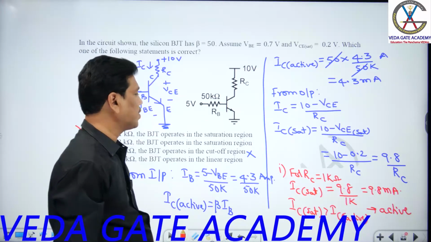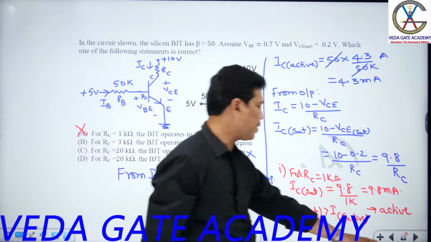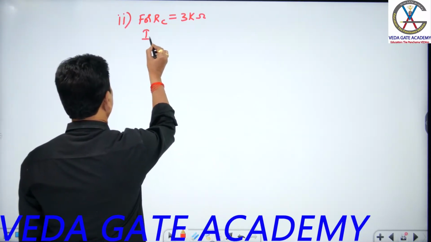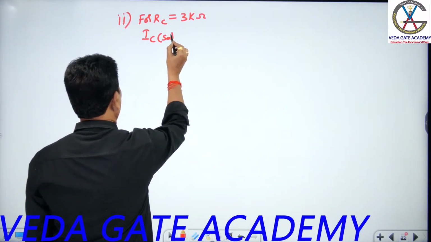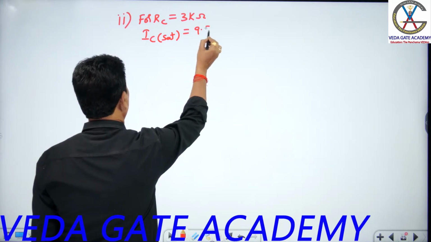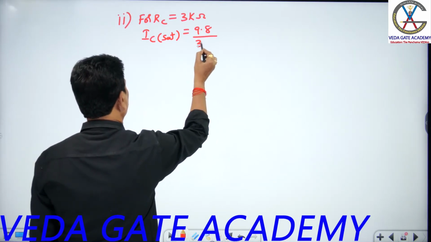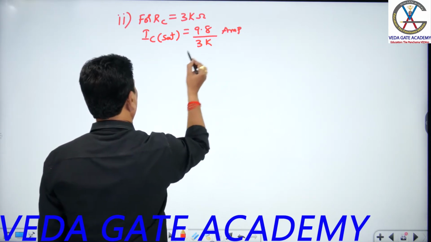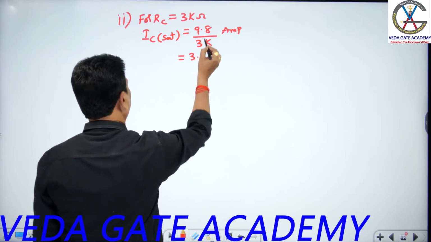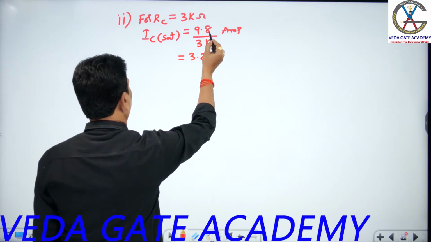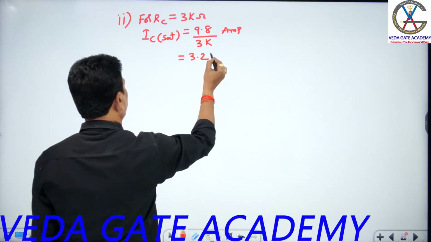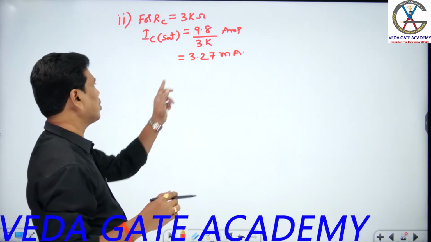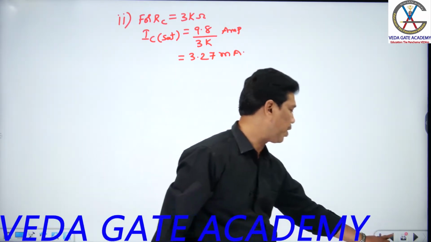For RC equal to 3 kilo ohms, I calculate IC saturation, students. IC saturation equals 9.8 by RC, and RC is 3. That is 3.27 milliampere you may get. So IC saturation is 3.27 milliampere.